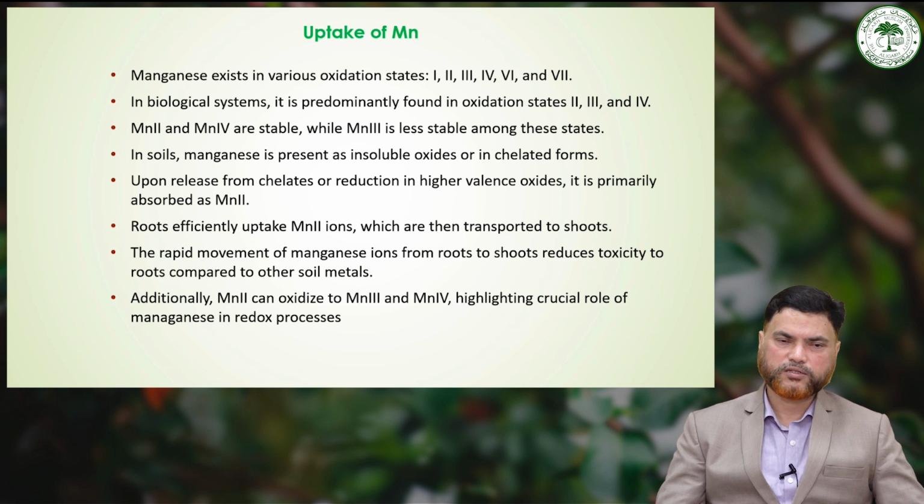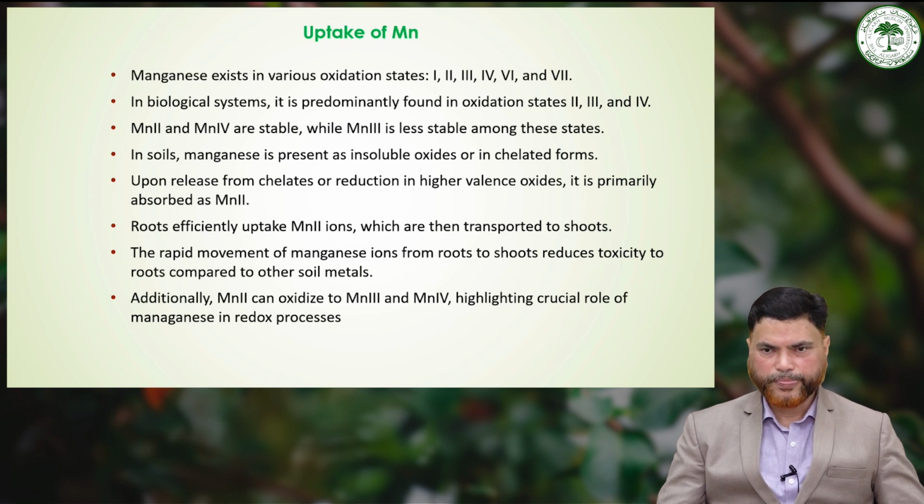Within soil, generally manganese exists as insoluble oxides or in chelated forms. Once manganese is released from chelates or reduced from higher valence oxides, it is primarily absorbed as the divalent manganese cation, that is Mn2+.